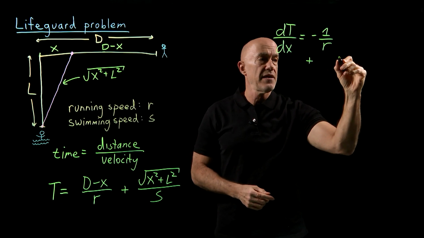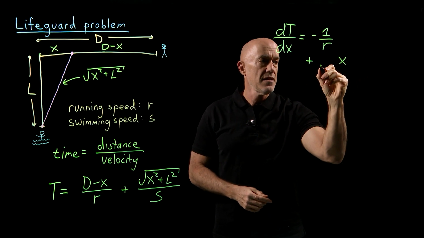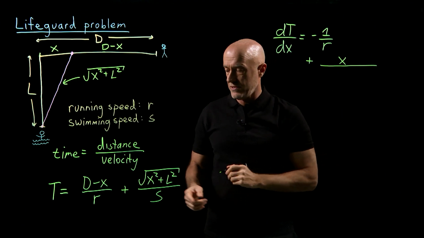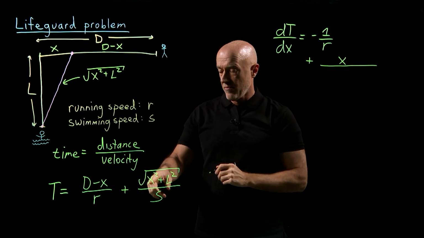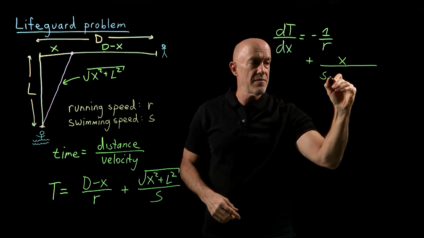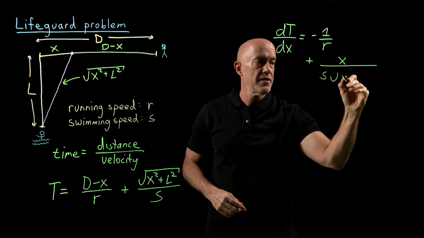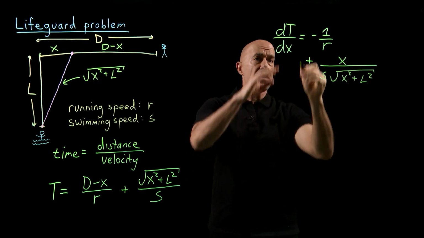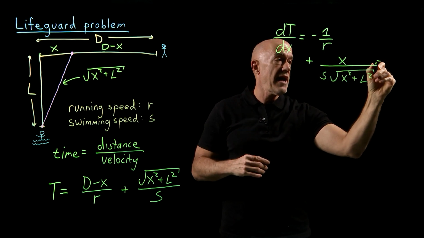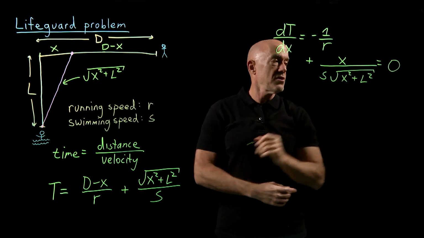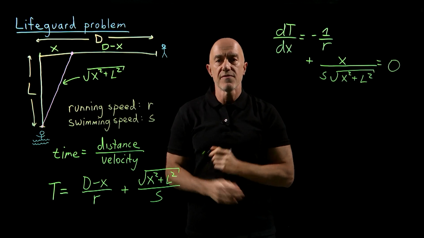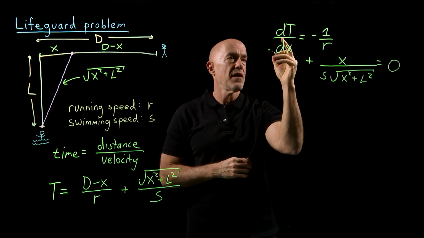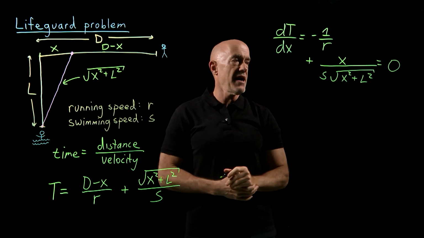And you can see, if you can't do this in your head, then stop the video and use a piece of paper. We would get x divided by s times the square root of x squared plus L squared. And then dT/dx, we set it equal to 0 to find the minimum of T, the minimum time.